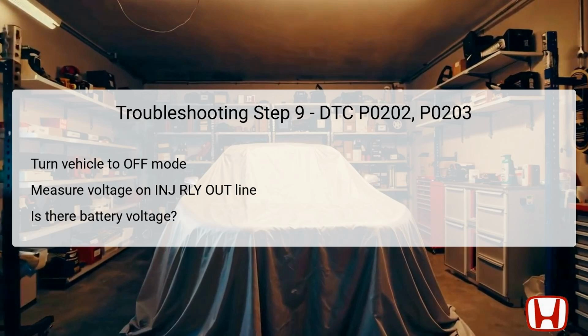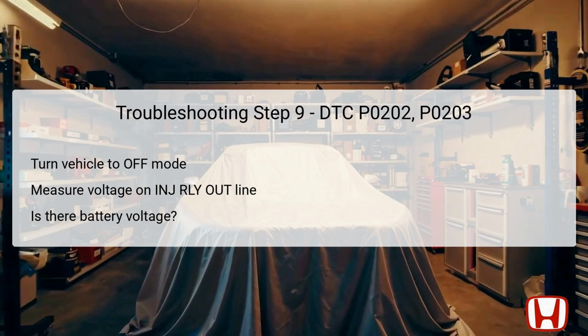In this step of the troubleshooting process, turn the vehicle ignition to the off position. Connect the terminals of the injector relay 4P socket using a jumper wire. Jump the SCS line with the HDS for safety, and then measure the voltage between specified test points.